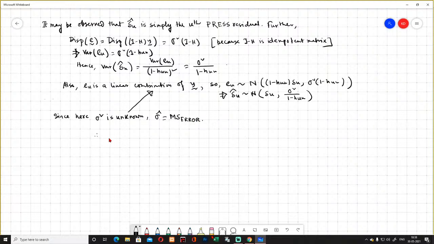Therefore, the test statistic is t, which is equal to delta u hat by root over MS error by 1 minus h u, and this follows a t distribution with error degrees of freedom, that is n minus k minus 1.